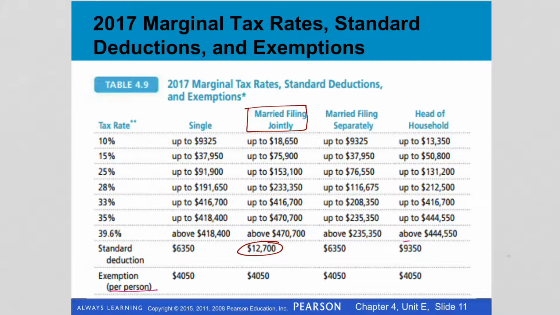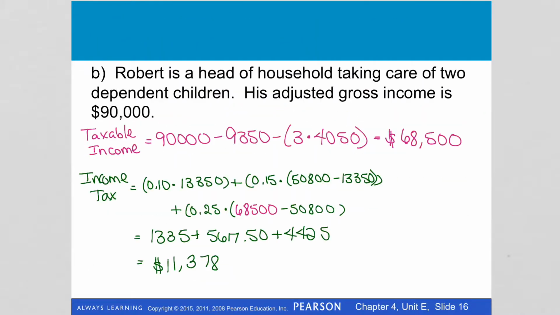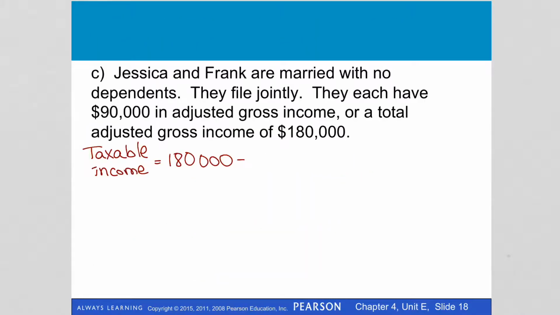So we'll just multiply that by 2. So take off $12,700 and take off 2 times 40/50. So their taxable income is $159,200.